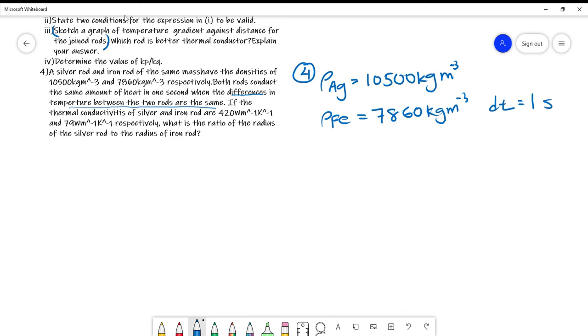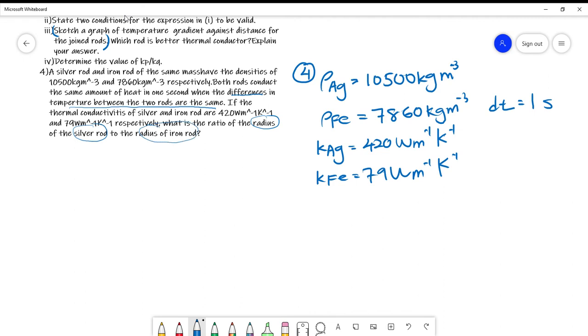The thermal conductivity of the silver rod is 420 watt per meter per kelvin, and the iron is 79. So what is the ratio of the radius of the silver rod to the radius of the iron rod? The question asks for the silver to the iron. So this is what we need to find.